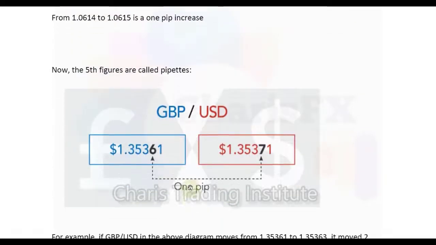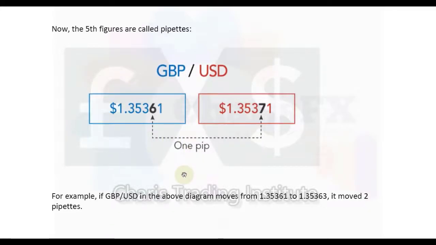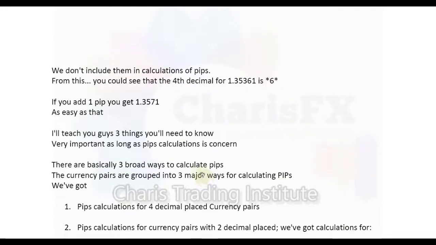For currencies like the GBP USD, where you see a currency pair being priced into 5 decimal points, for example in this case 1.35361, the PIP movement happens on the 4th decimal point, and the last or 5th decimal point is actually called a pipette. It's called what?